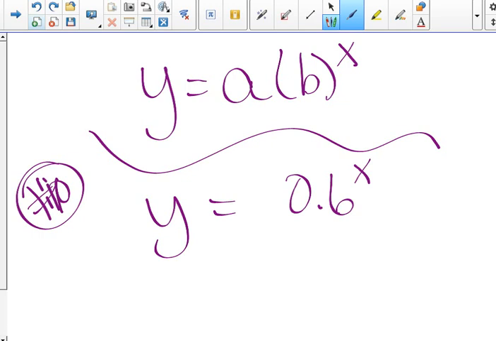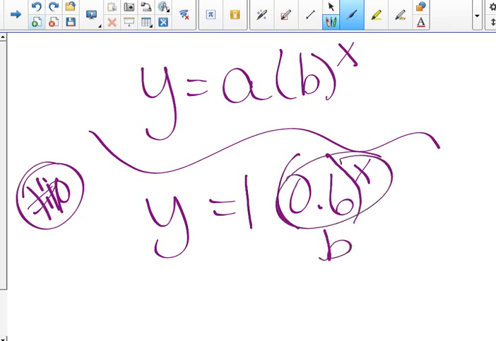What is my a value? Your a value should be 1. Absolutely 1, because this has to be my b value because it's with the exponent. That means that there's that pesky little 1 that we leave off so often, right?